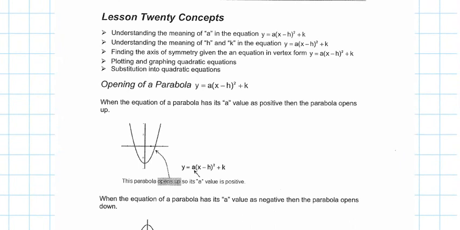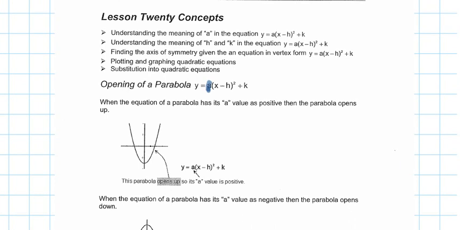The first thing I want to explore with you is that value of a that comes right in the front. So it's a(x minus h) squared plus k. That a is going to be a value. It's going to be either 2, negative 2, 5 over 3, minus 2. What does that value of a mean?